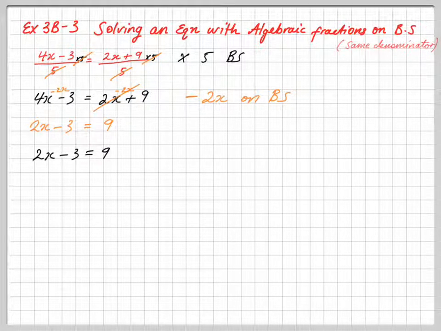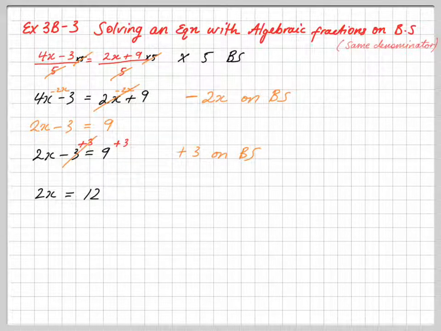And now what I want to do is add 3 on both sides to eliminate the minus 3. So I'm just going to write plus 3 on both sides. And what's our new equation? We've got 2x is equal to 12, and I know that 2 times something that gives me 12 will be 6, so the answer will be 6.